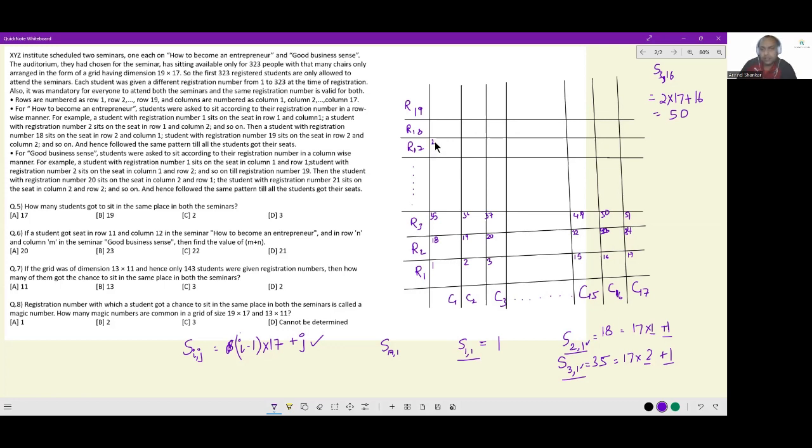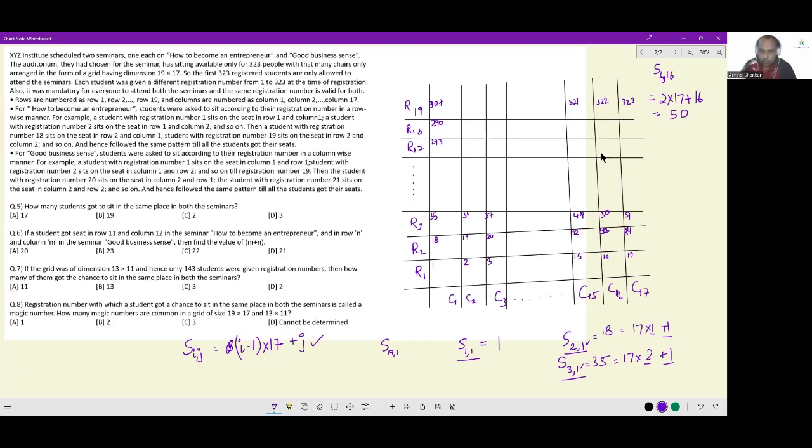So 273 will come here. Then 290 will come here. And then finally, what will come here? 17 more, so 307 will come here. The end here is definitely 323. So 322, 321, 17 lower than that.